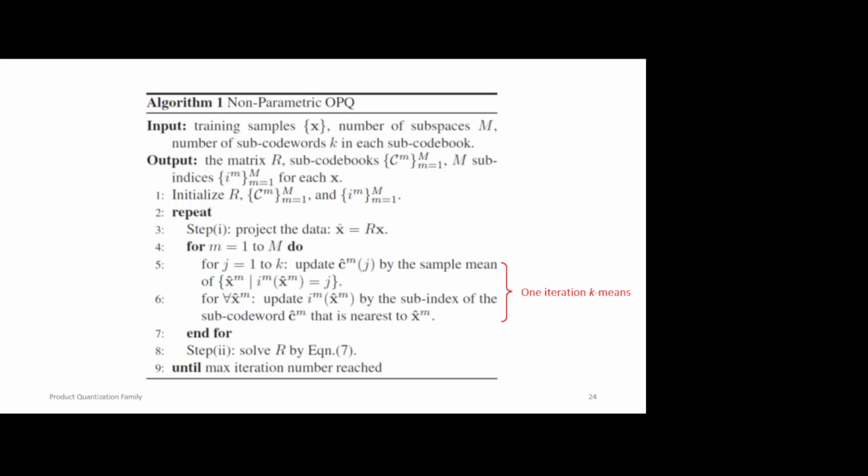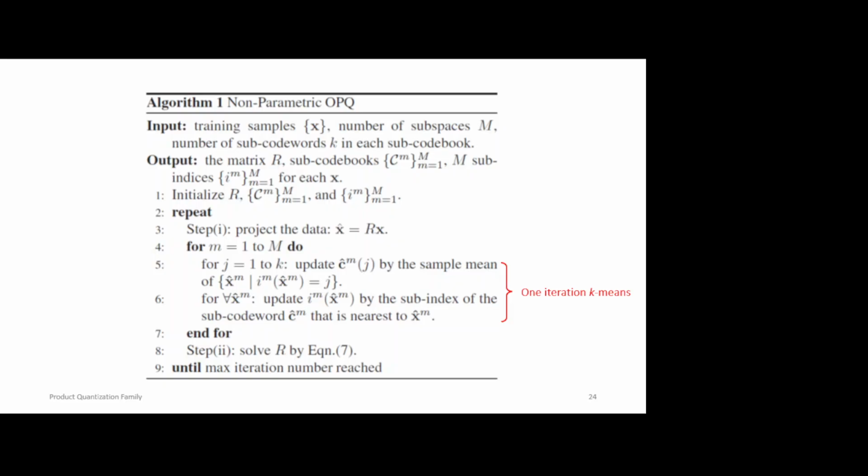This is the algorithm shown in the paper. Here you see step 1. We repeat the for loop, and in each iteration we do the k-means, but k-means is run just once.